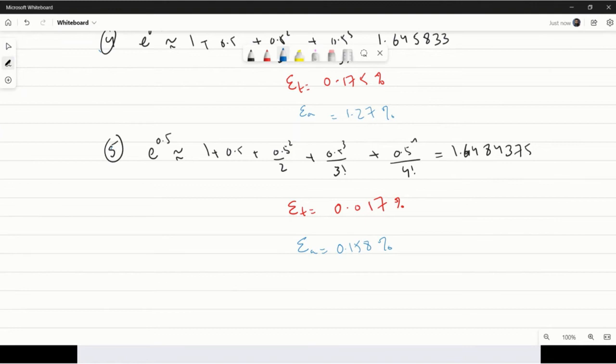So it's starting to come down. Maybe it will go less than 0.05% in the next iteration because we reached 0.15. So let's try another one.